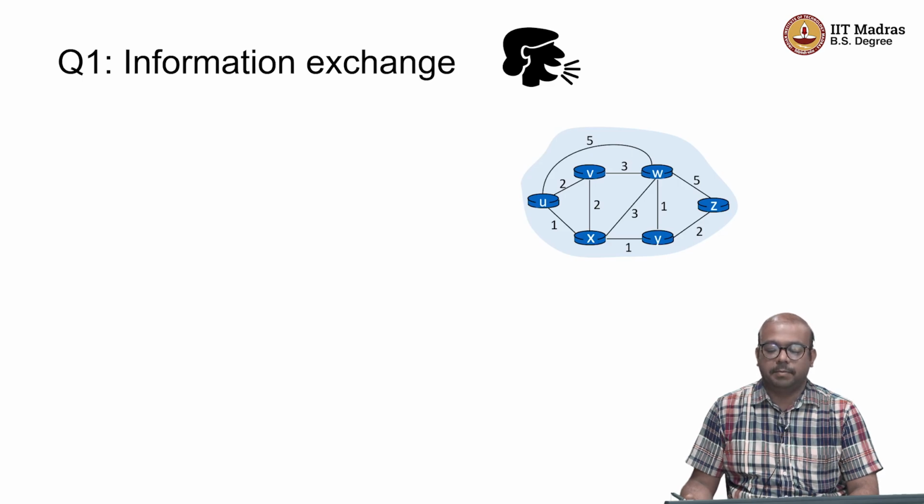First is the part that is associated with flooding and information exchange to get the complete representation of the network graph. Okay. So, we are going to use this example that is shown on the right hand side, where U, V, W, X, Y and Z, these are the 6 routers. Okay. And note that we do not have a link from every router to every other router. Okay.